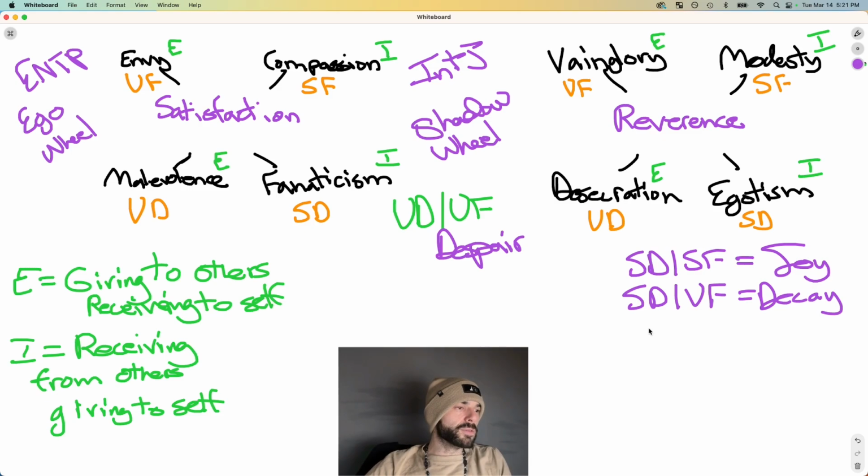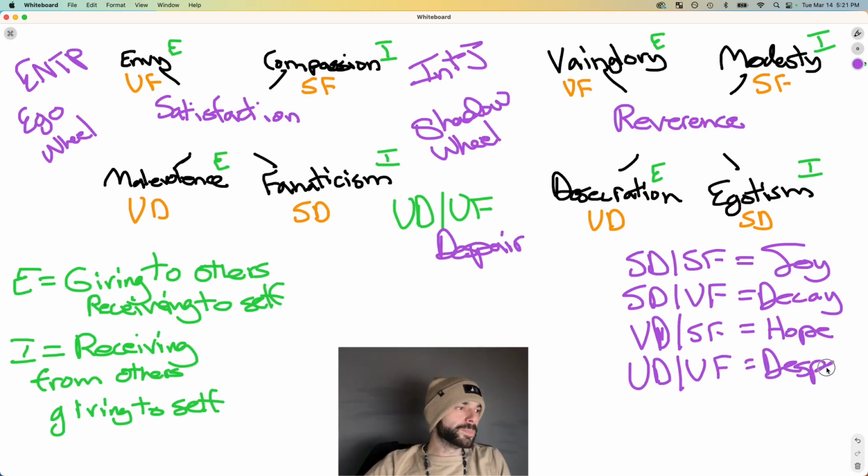And then we have UD, SF people for their octagram, joy, decay, and then we have hope. These are like the Robert Downey Jr.'s of the world. And then we have Chase, who is UDUF, and that is despair. Ultimately, these are the 4 different octagrams.